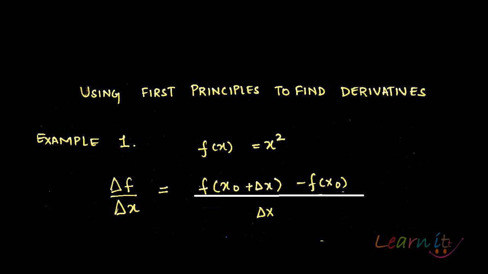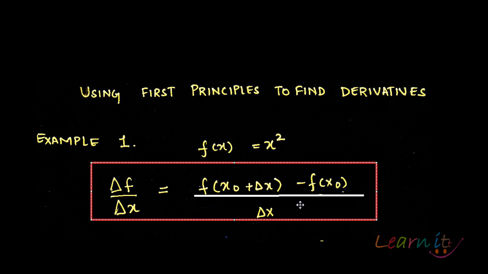First of all, I need to focus on what the difference quotient would be for this function. The difference quotient is the difference between the function values, so f(x naught plus change in x) minus f(x naught).